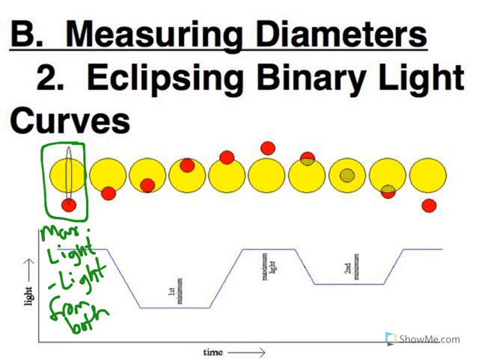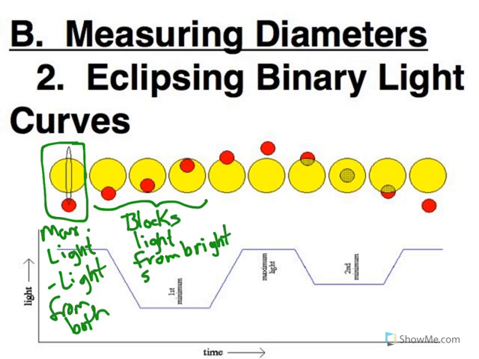But as one star moves in front of the other, it's going to block light from the brighter star. So it gets fainter.